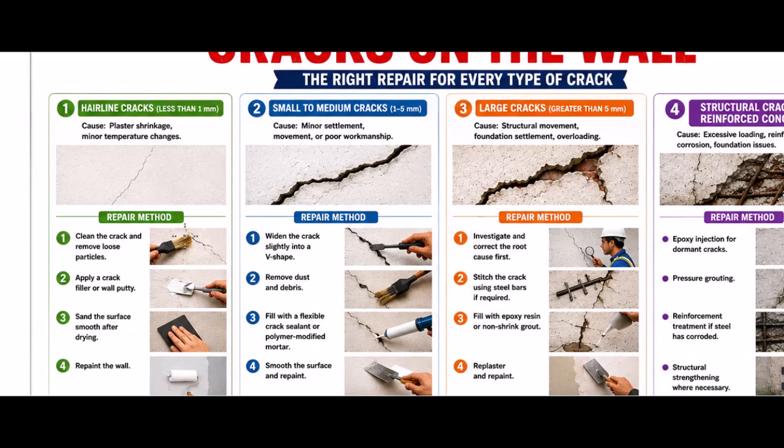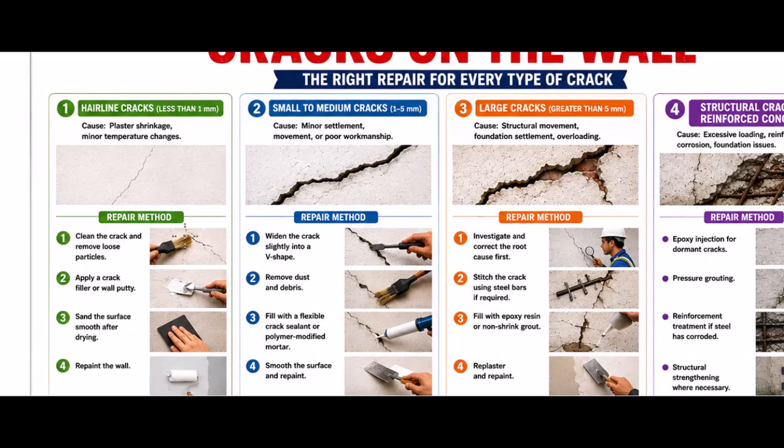Step 2, apply a crack filler or wall putty. Step 3, sand the surface smooth after drying. And step 4, repaint the wall. If you look at the screen, you will see a picture that describes the things we just mentioned.